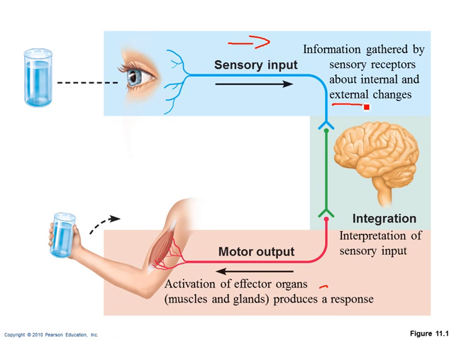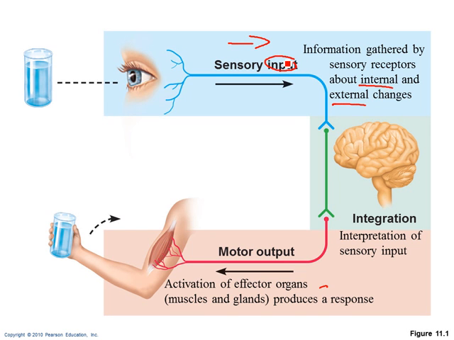Any kind of external sensory perception, use your ears, your nose, your eyes, your fingers. There's also internal receptors, things that are monitoring things like blood pressure, oxygen levels, carbon dioxide levels, sugar levels. All these kind of things are constantly being monitored by your body. All of that is information. We call that input, or sensory input.